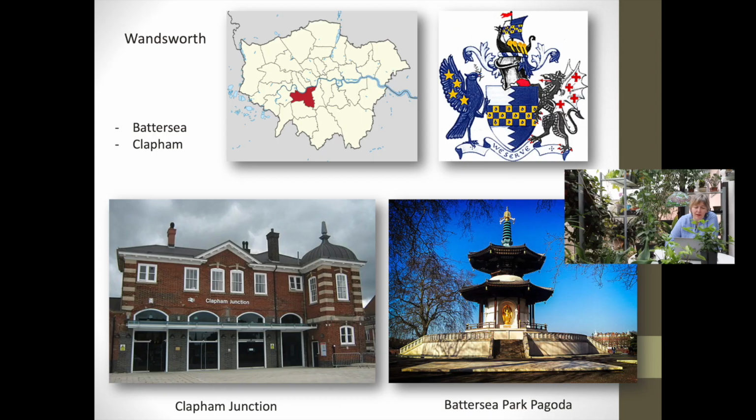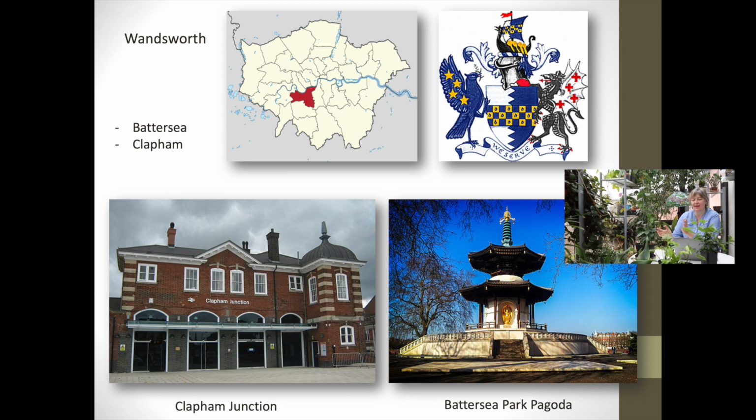Next one, we are moving southwards around the city of London. So next one is called Wandsworth, and the two areas there are Battersea and Clapham. Clapham is quite interesting because this is the place with a very complicated train system.